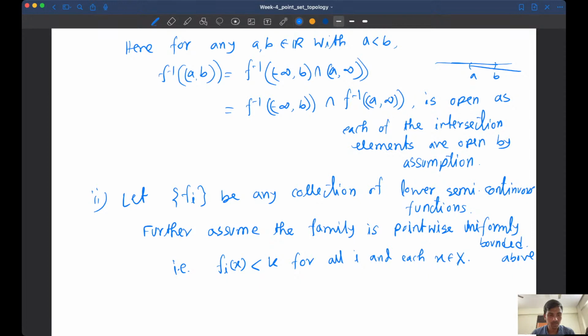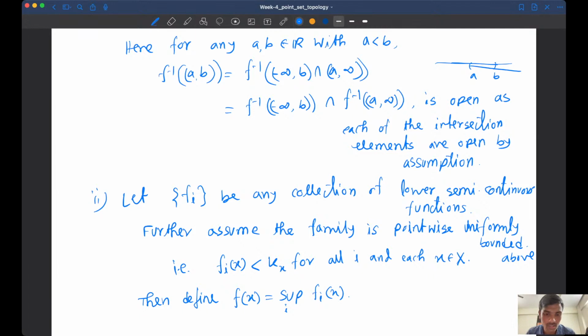Then I can define a function, namely the supremum. Define f(x) as the supremum over all i of f_i(x). Then as each f_i(x) is bounded by k, maybe just k_x is also enough.